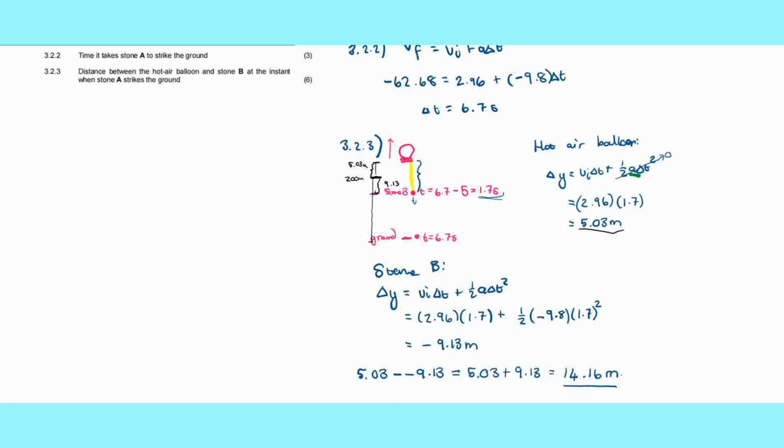And it's negative because stone B is traveling down, which is opposite to our direction convention. So in essence, it's negative 9.13 meters. But this total distance here would be this 5.03 plus our 9.13 meters, and that will give us a total of 14.16 meters. That's the distance between stone B and the hot air balloon at the instant when stone A strikes the ground.